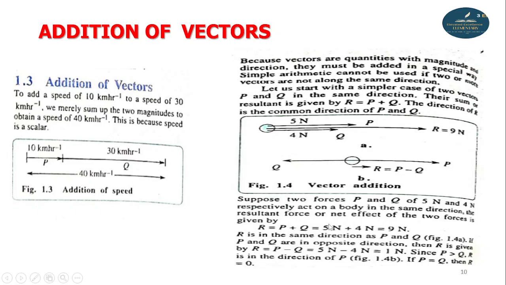The resultant force or net effect of the two forces is 9 newtons. R is in the same direction as P and Q, but if P and Q are in opposite directions, then R is given by P minus Q.